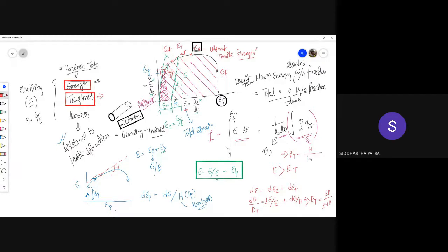Et is H divided by 1 plus H divided by E.